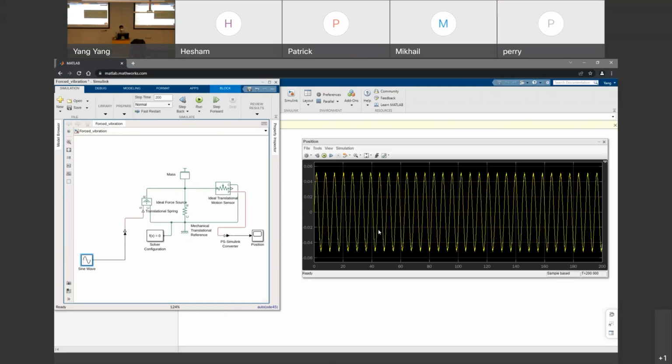But in the real world, there are a lot of different types of waves besides sine waves.